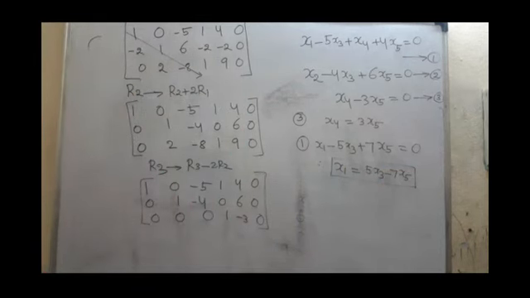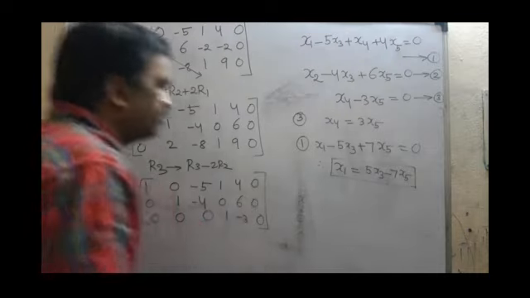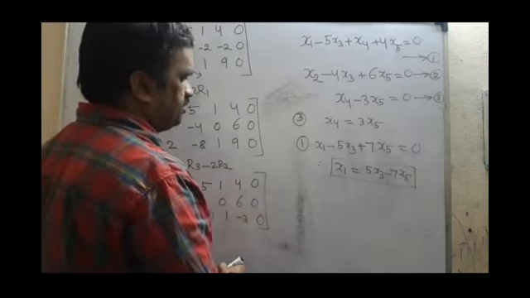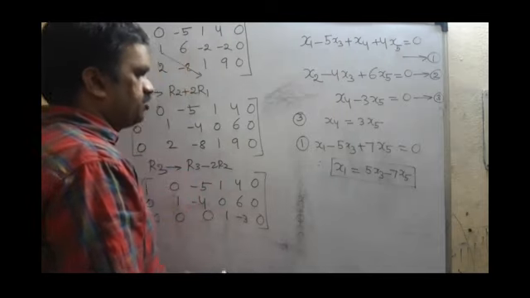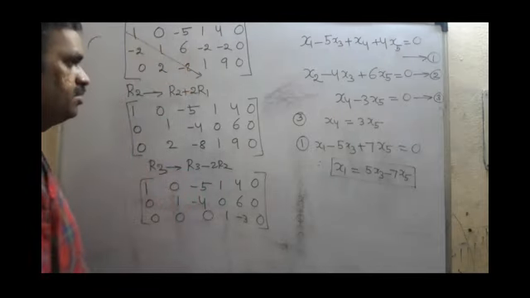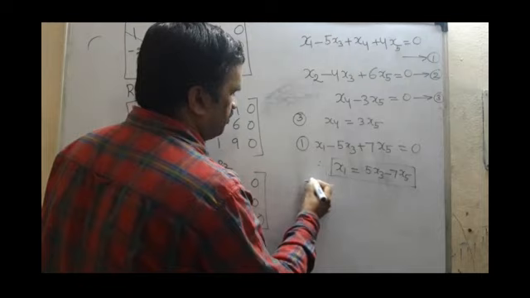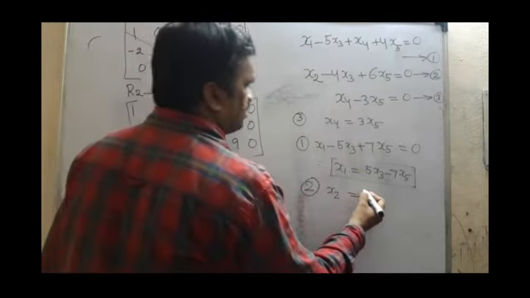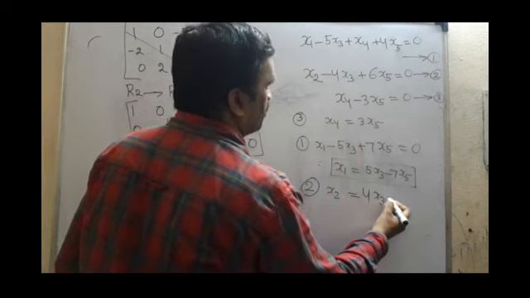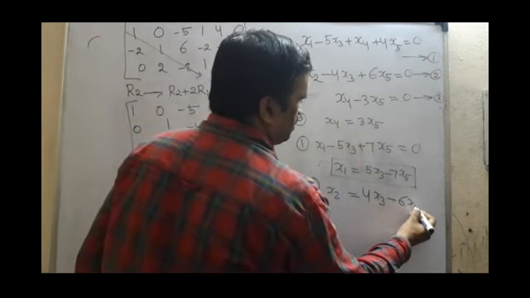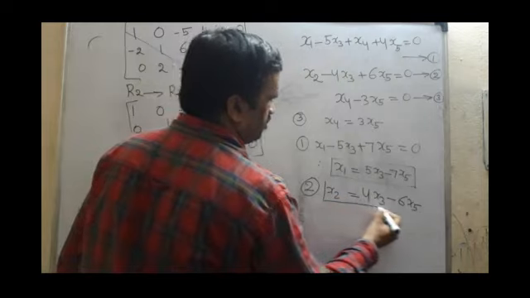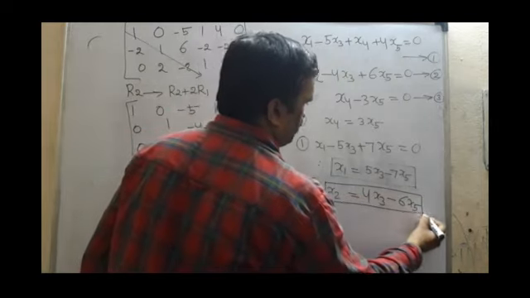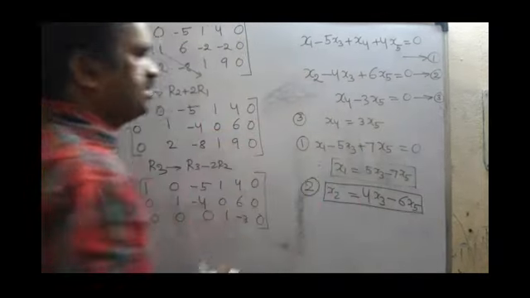Next, equation number 2: x2 equal to 4x3 minus 6x5.